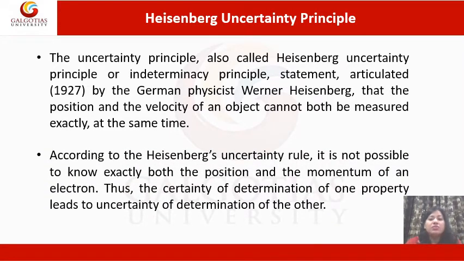According to the Heisenberg uncertainty principle, it is not possible to know exactly both the position and the momentum of an electron. Thus, the certainty of the determination of one property leads to uncertainty in the determination of the other.